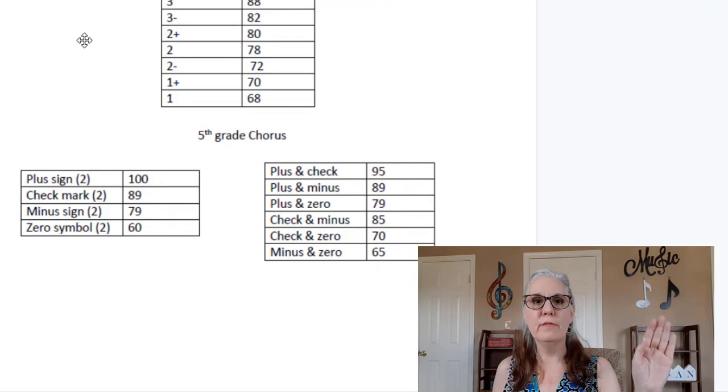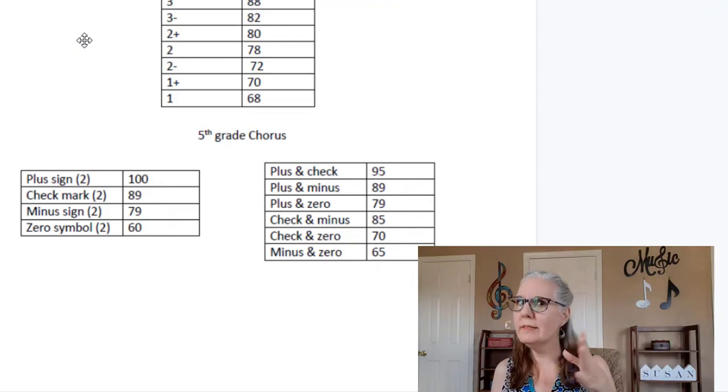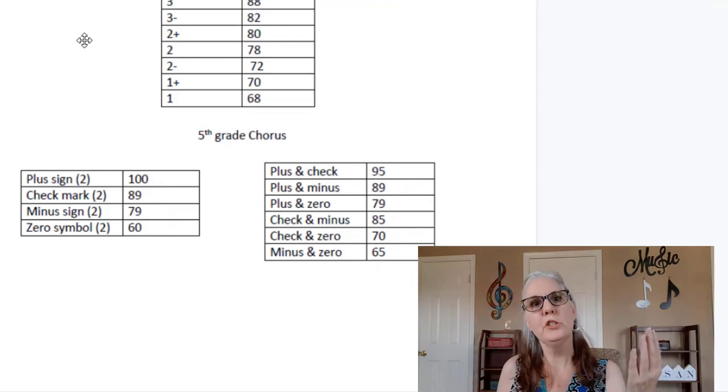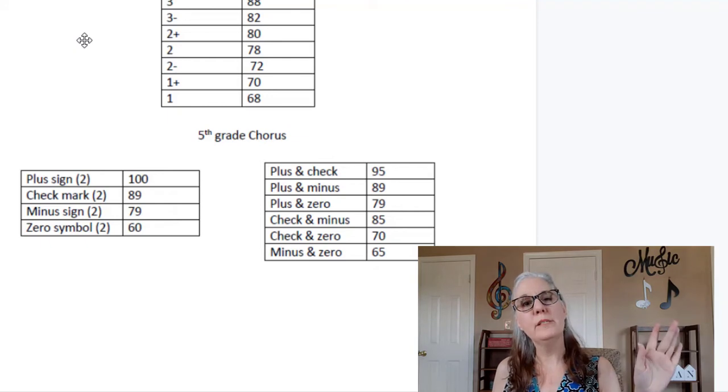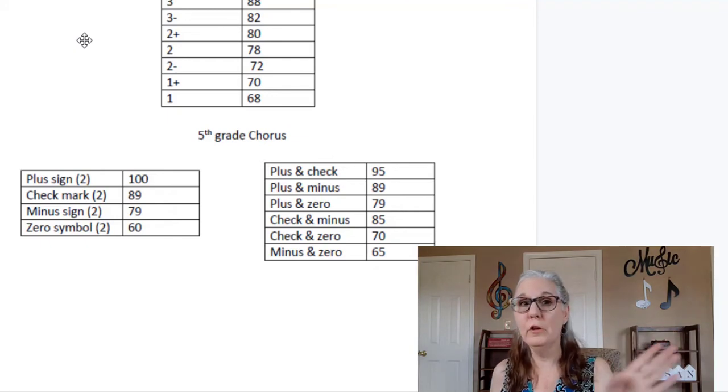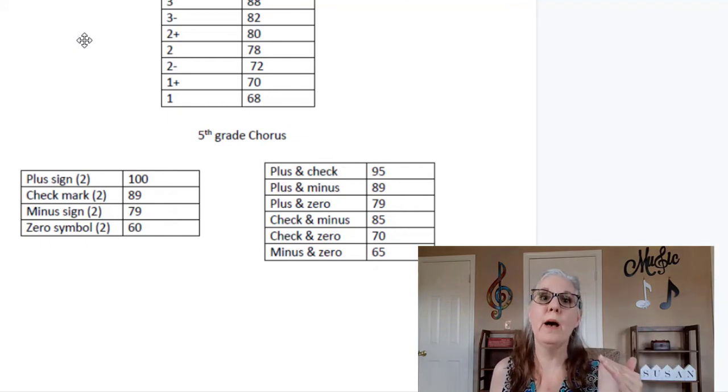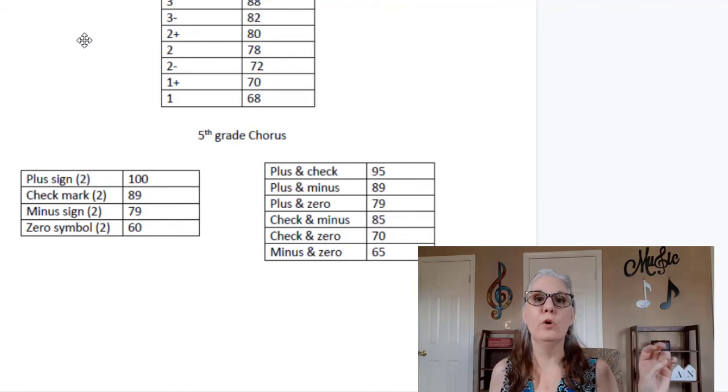If they sing on one song, but they're not singing on the next one, that would be a check. If they're singing like just when I look at them and don't sing the rest of the time, that would be a minus. And that zero symbol, they're not really singing at all or very, very little, okay? So it just kind of goes down from there.